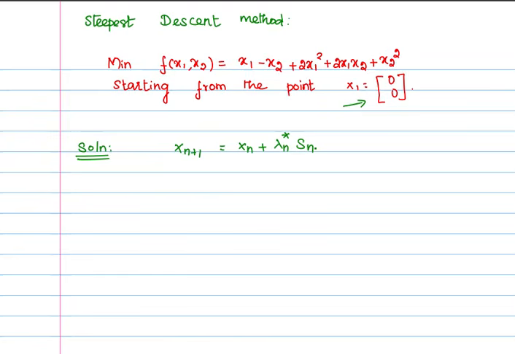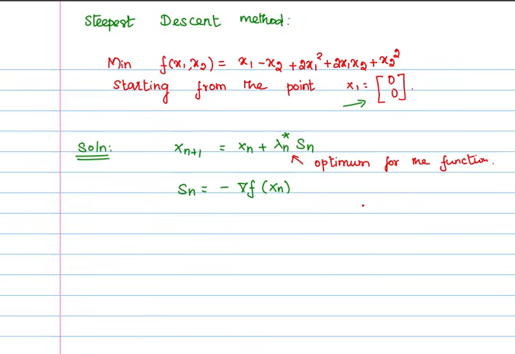What is s n? S n equal to minus times gradient of f of x n. Here lambda n star is the optimum lambda n, which we have to calculate from the function. So this is the iterative process.